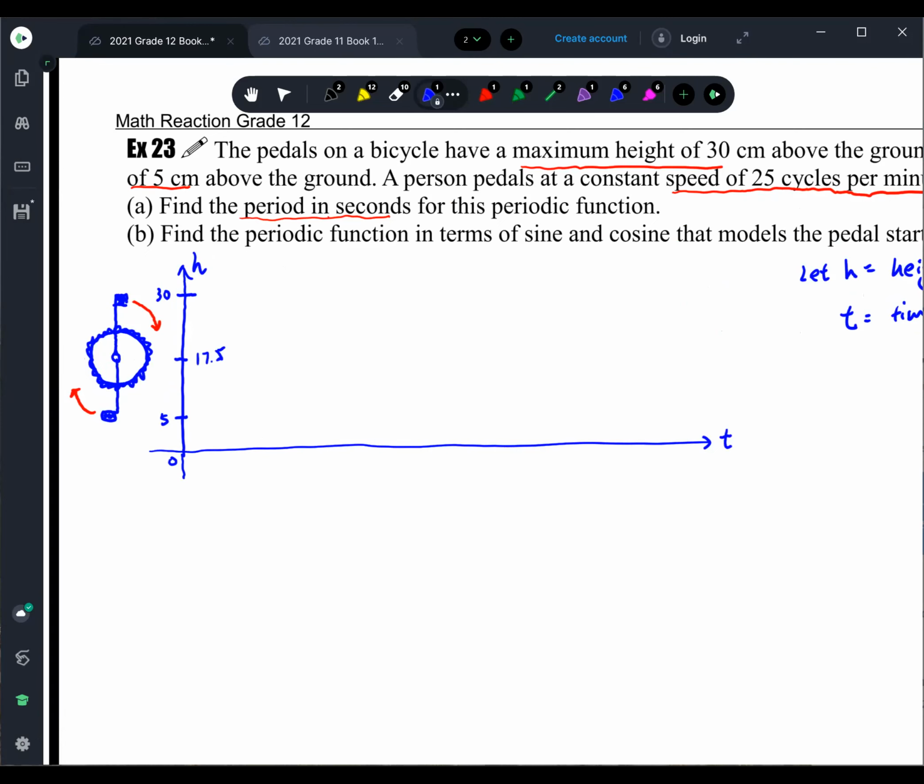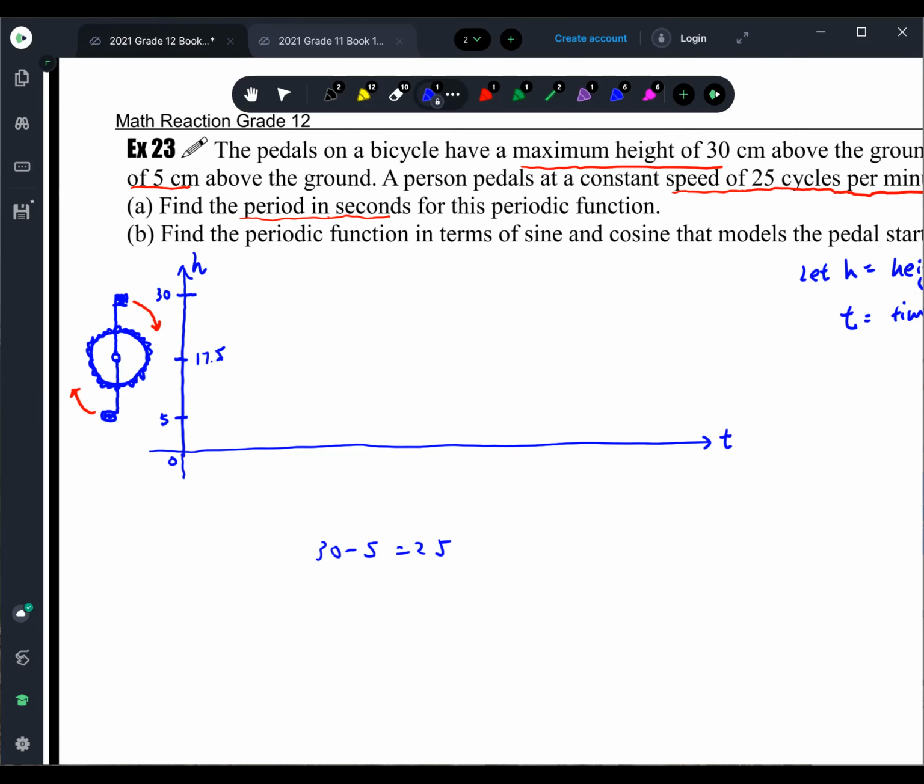I got the same thing, 17.5. Okay, can you tell us how you got it? I did 30 minus 5, and then that's like 25, and then divided by 2. But then that's like between the 5 and 30. So then I added 5.